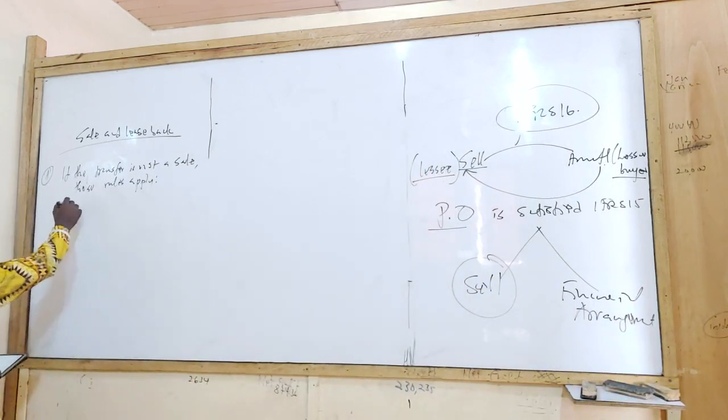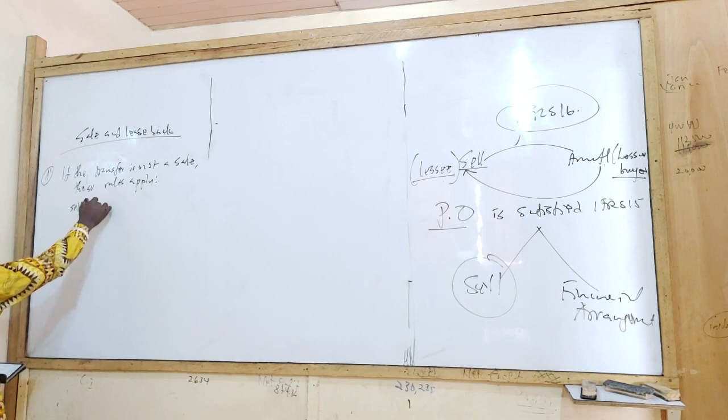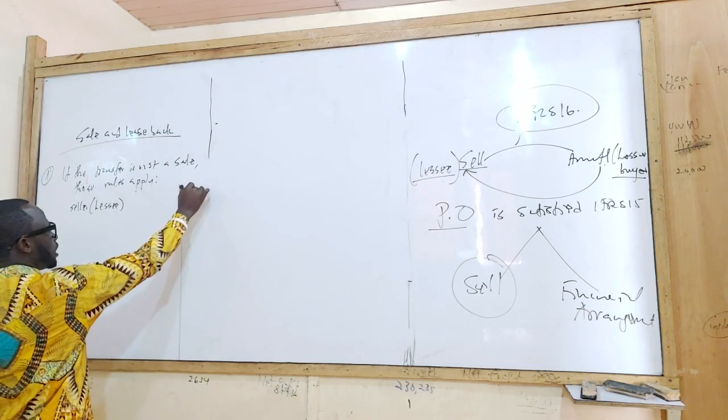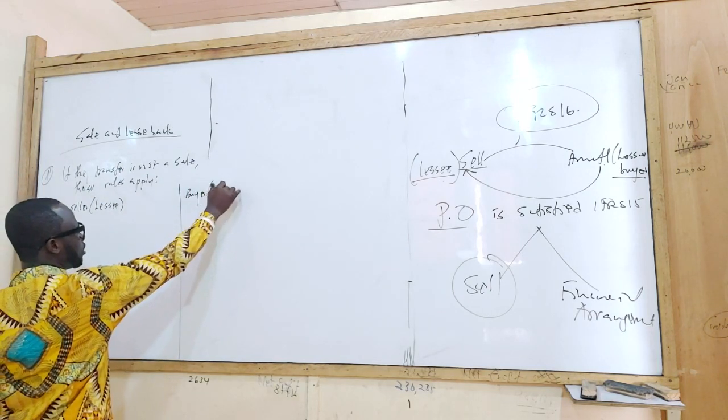On one side, you have the seller, who again is the lessee, and on the other side, we have the buyer, who becomes the lessor.